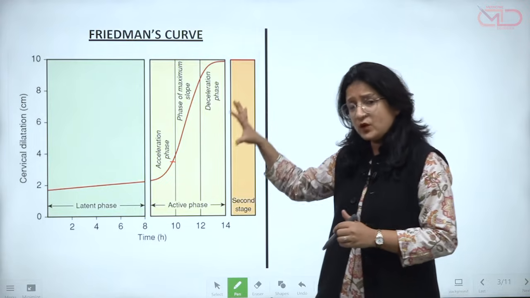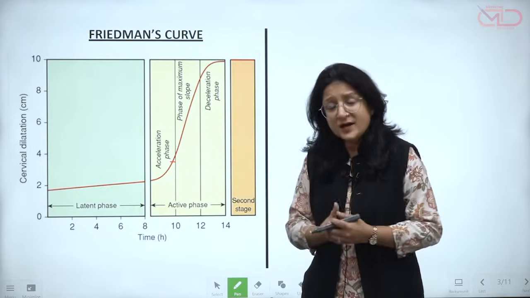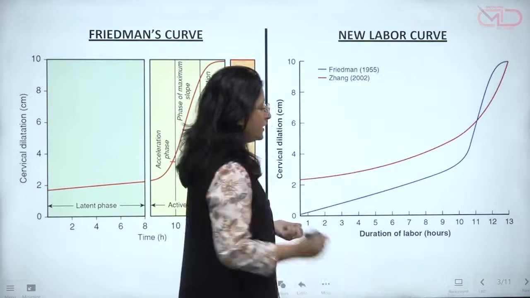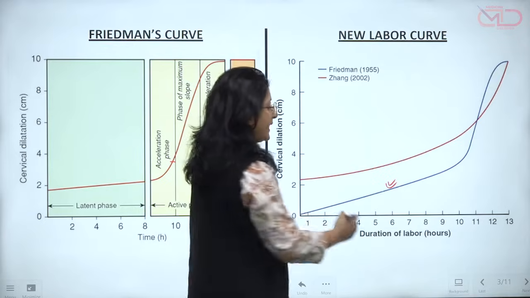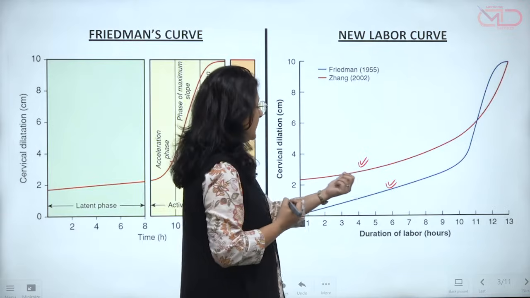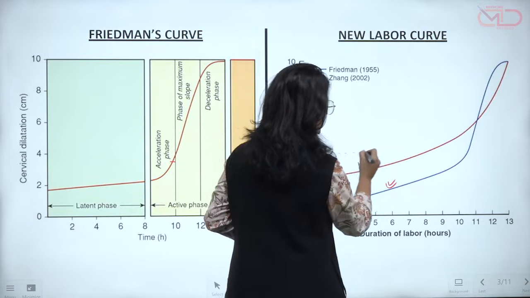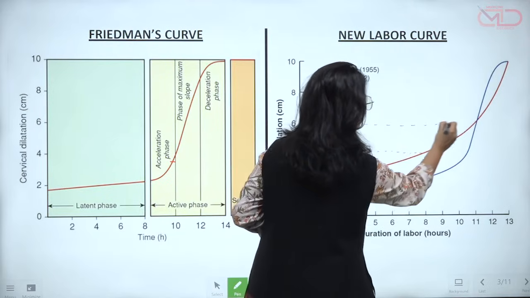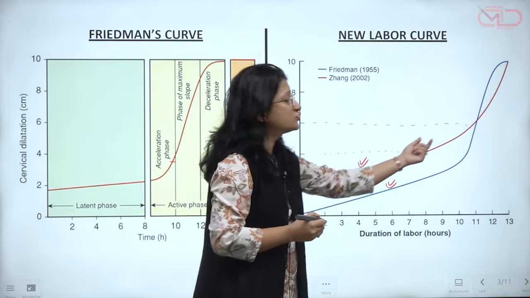Now this progress of labor curve given by Friedman et al. has been challenged, and now we have what we call the new labor curve. So this is the labor curve given by Friedman et al., and this is the new labor curve given by Zhang et al., and they are saying that the cervical dilatation is slow initially, and even between 4 to 6 centimeter the cervical dilatation is slower.